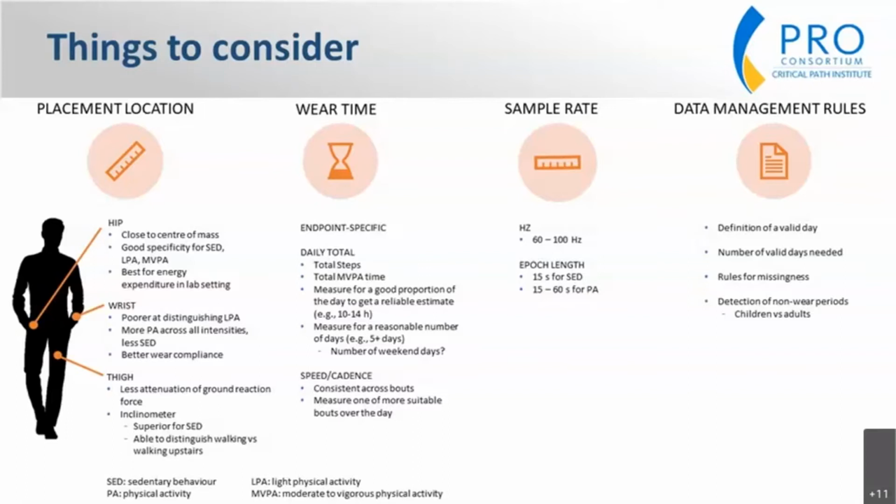A valid day would be just a number of hours over that particular measurement period that we think is sufficient to measure the activity for that day. And then we need to think about the number of valid days that we might need to get an accurate picture of the overall activity profile. So valid days and number of valid days tend to be things that people think about with activity monitor data.